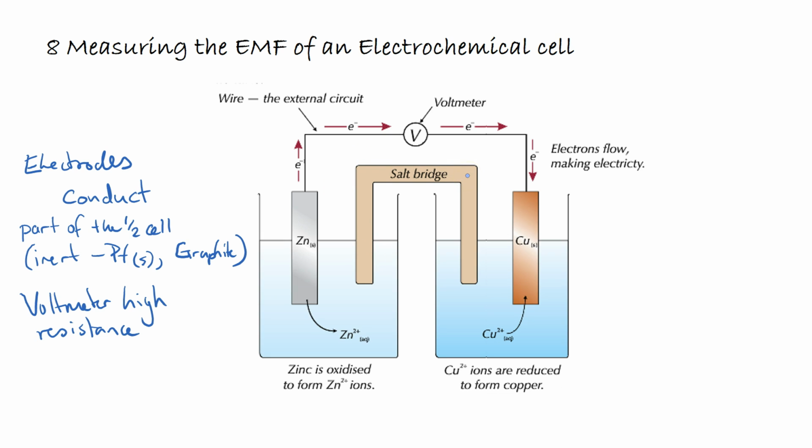Between the two solutions, or the two half cells, we need to complete the circuit by including a salt bridge. The standard solution that you use for the salt bridge is potassium nitrate, and you normally just create this in class by dipping some filter paper into a saturated potassium nitrate solution, connecting the two half cells together.